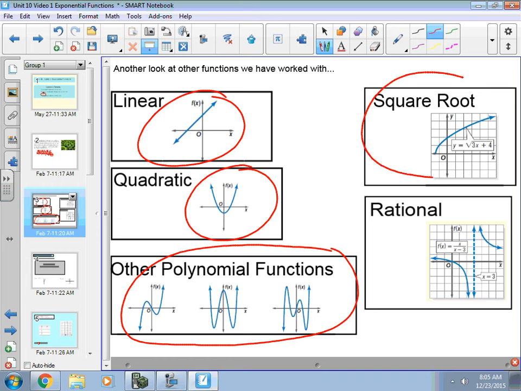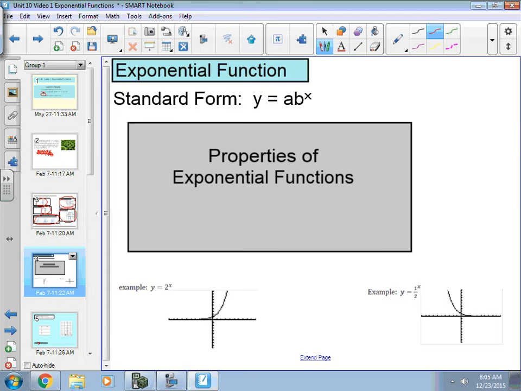We looked at square root functions in unit 8, and we also looked at rational ones in unit 9. So we've got a bunch of functions we've looked at. This last type that we're going to look at in Algebra 2 is what's called exponential functions. That is any function where your variable is going to be in the exponent. Okay, we haven't had that happen yet.